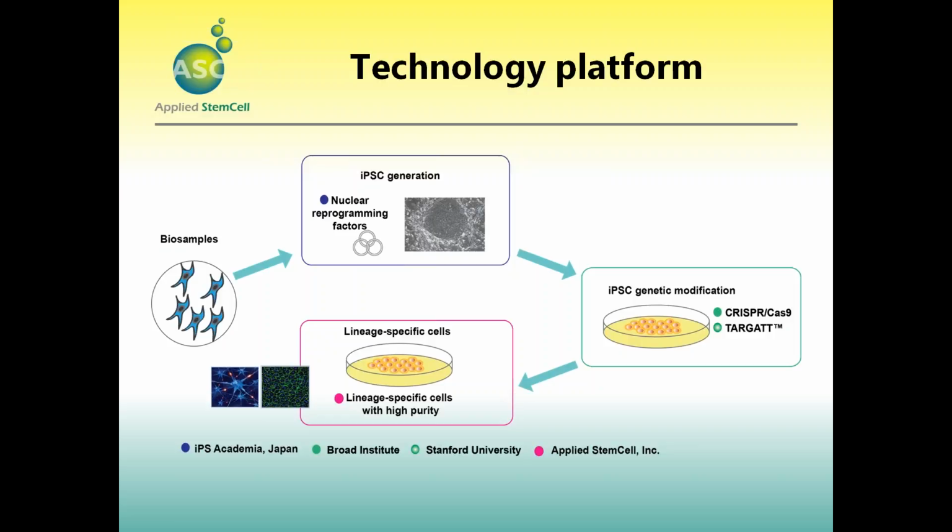The iPS cells, either gene modified or the original iPS cells, can be further differentiated into lineage-specific cells. And at this stage, we can use our own IP, which differentiates iPS cells into lineage-specific cells with high purity. So all this well patent-protected platform can fully protect your investigation outcomes.